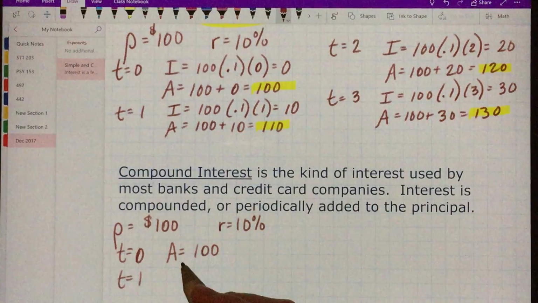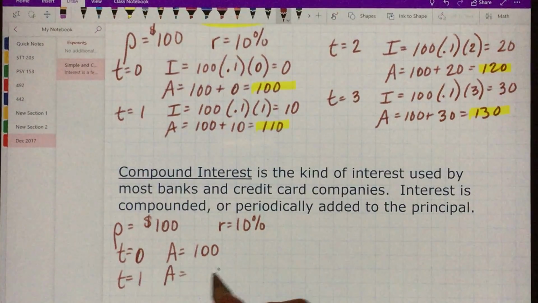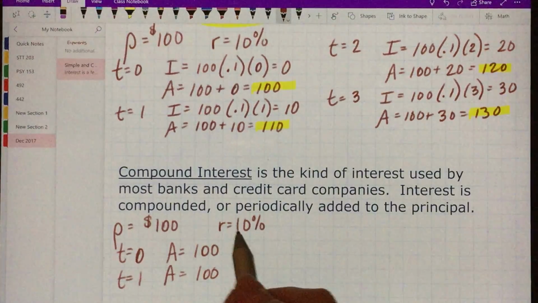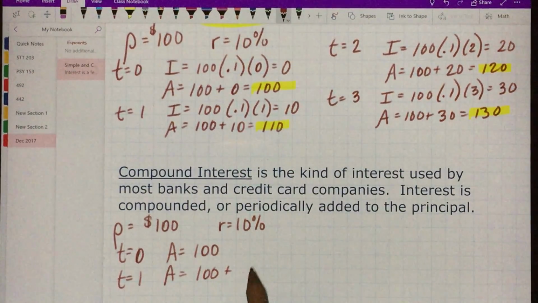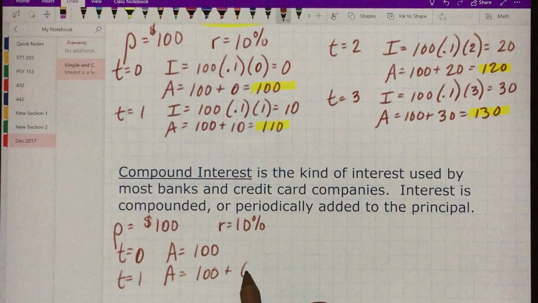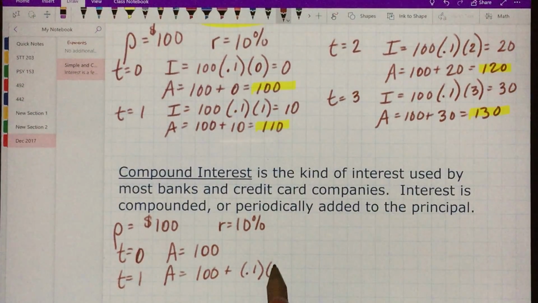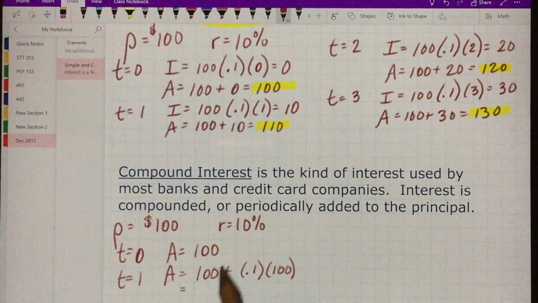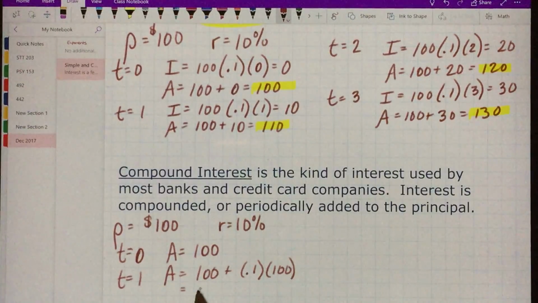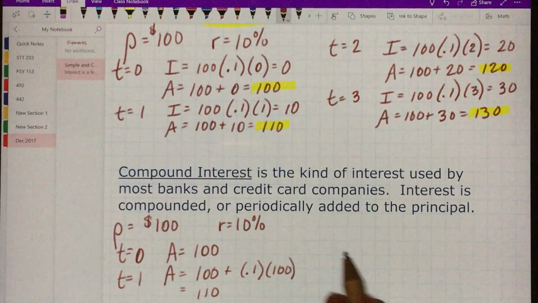If you keep it a year, the amount you would owe would still be the 100 plus 10% of 100. So 10% of 100, which is going to be equal to, this is 10, so $110.